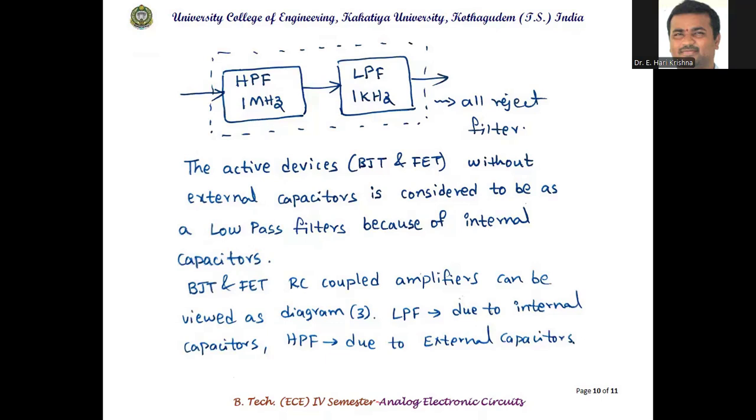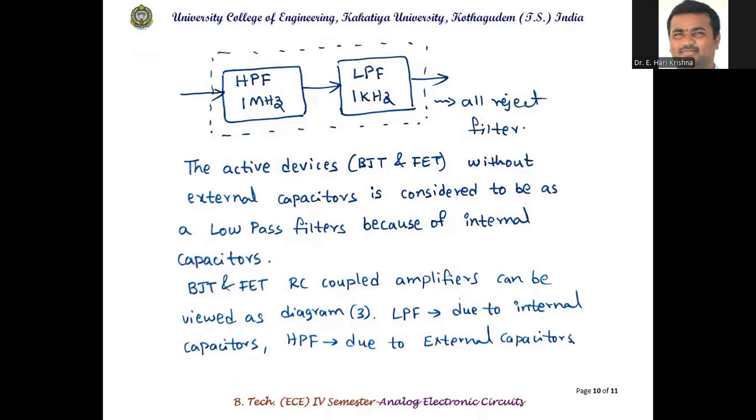I want to make a clear note here that the active devices BJT and FET without external capacitors are considered to be a low pass filter because of internal capacitors. We'll see the complete internal diagram of BJT and FET in the next sessions. So the BJT and FET RC coupled amplifier can be viewed as diagram 3.